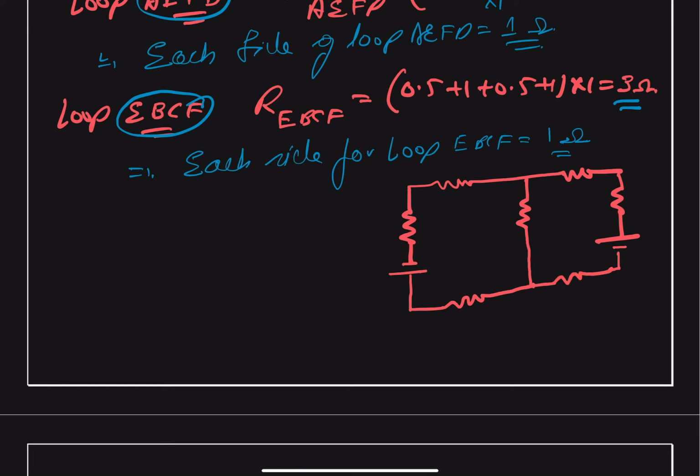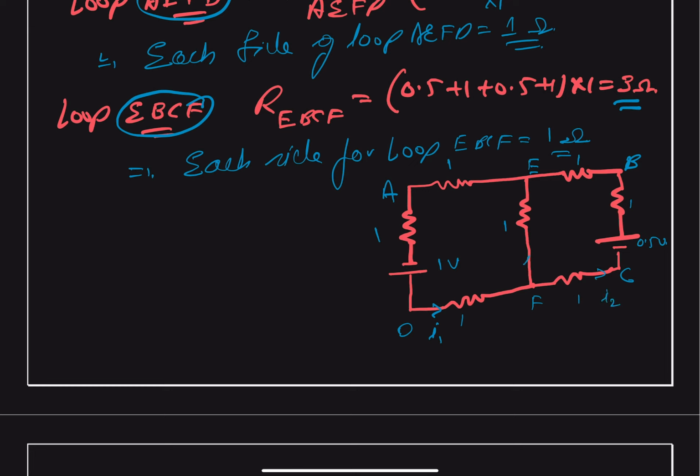Each resistance is of 1 ohm, and the voltage EMF will be 0.5 volt. This is our A, B, C and D, and here we have E and F. Let this current be our I1, and this current is I2.